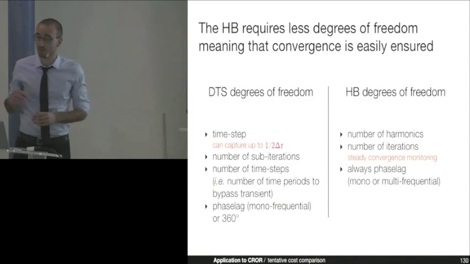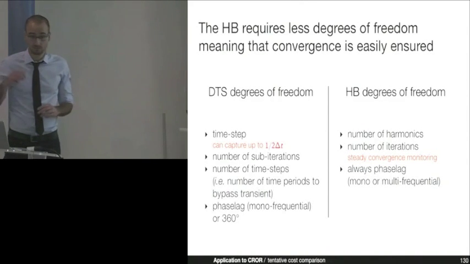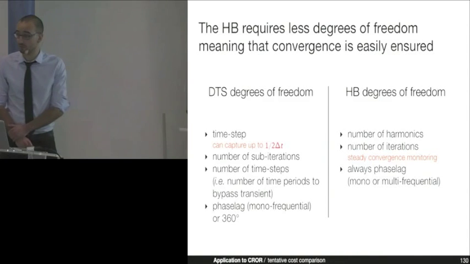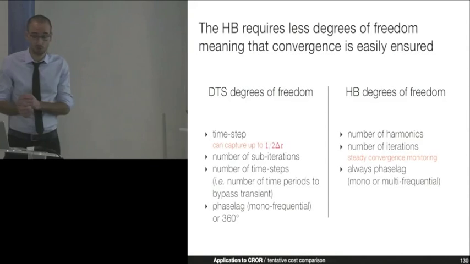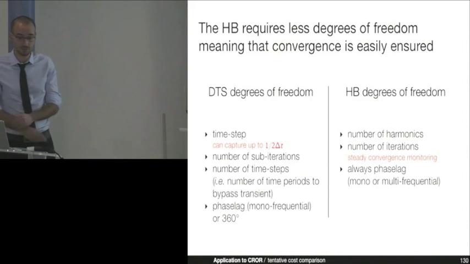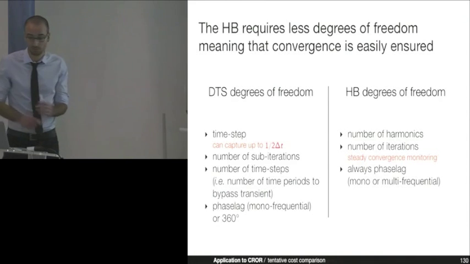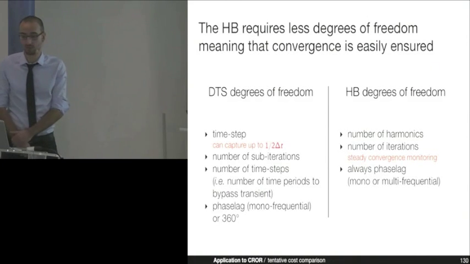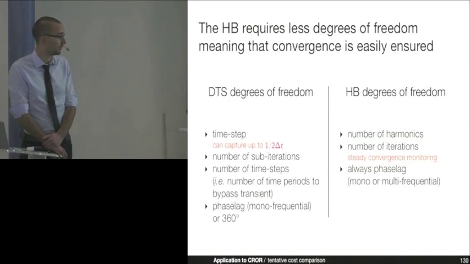In fact, each time operator has several degrees of freedom. For instance, for the DTS, which is the time accurate simulation, we need to parameterize the time step, the number of iterations, the number of time steps, meaning the number of time periods to bypass the transient, and also if we use the phase lag or the 360 approach.